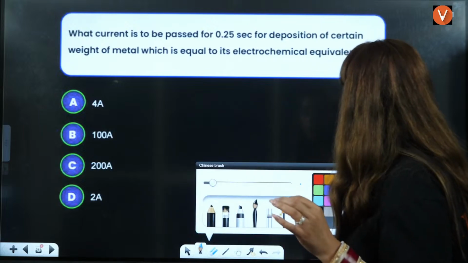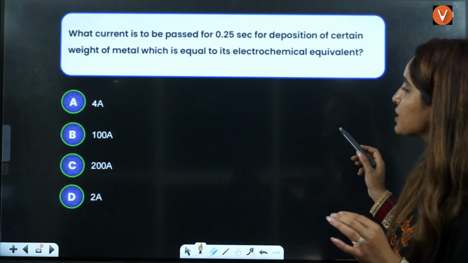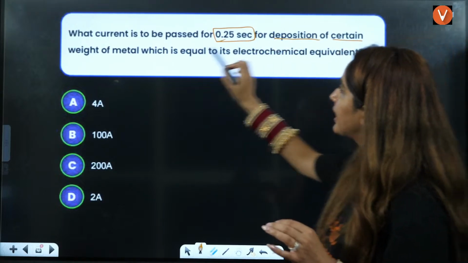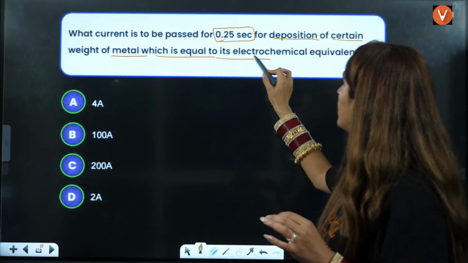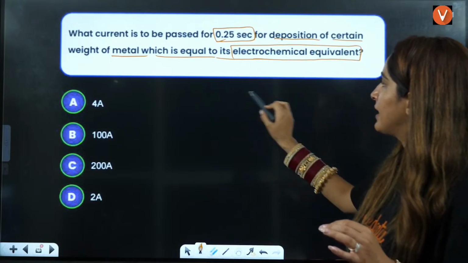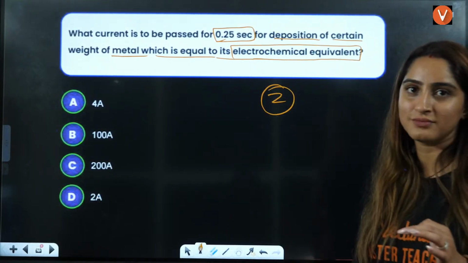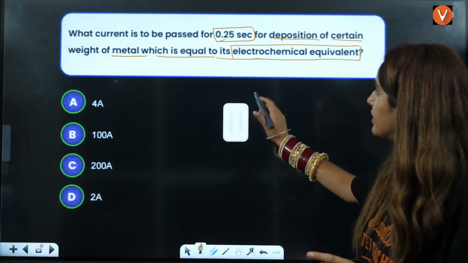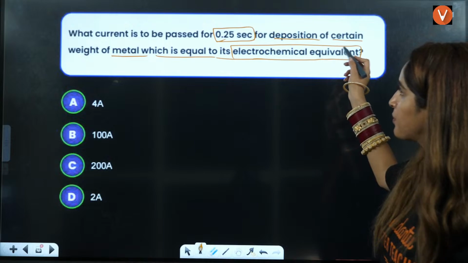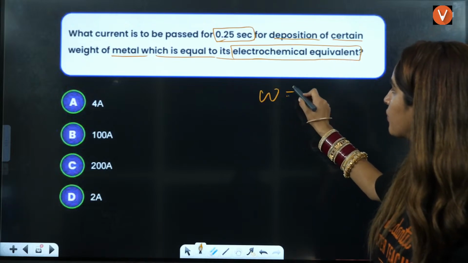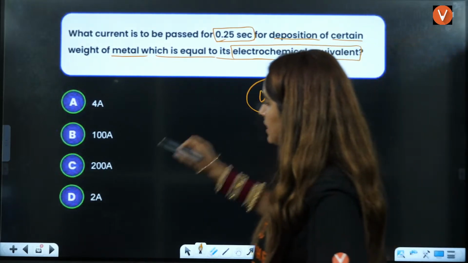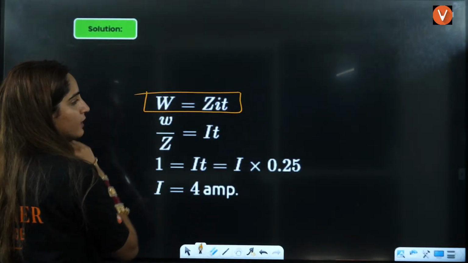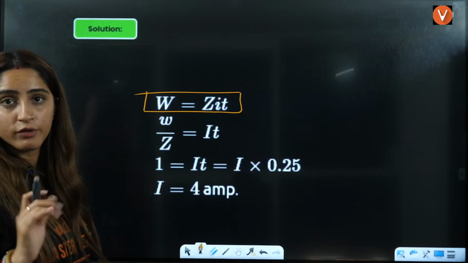Now, what current is to be passed for 0.25 seconds for deposition of a certain weight of metal which is equal to its electrochemical equivalent, that is Z? Weight is equal to ZIT, this we know from the formula.